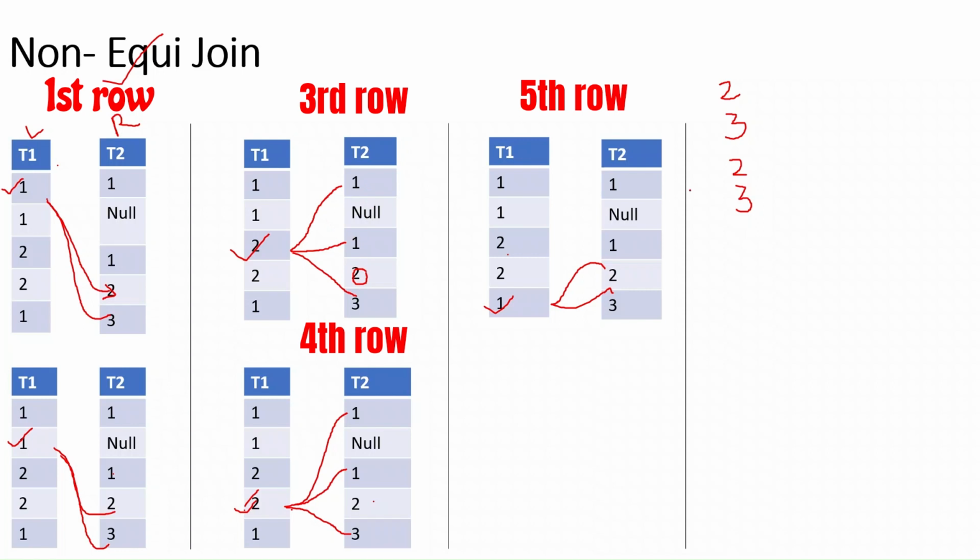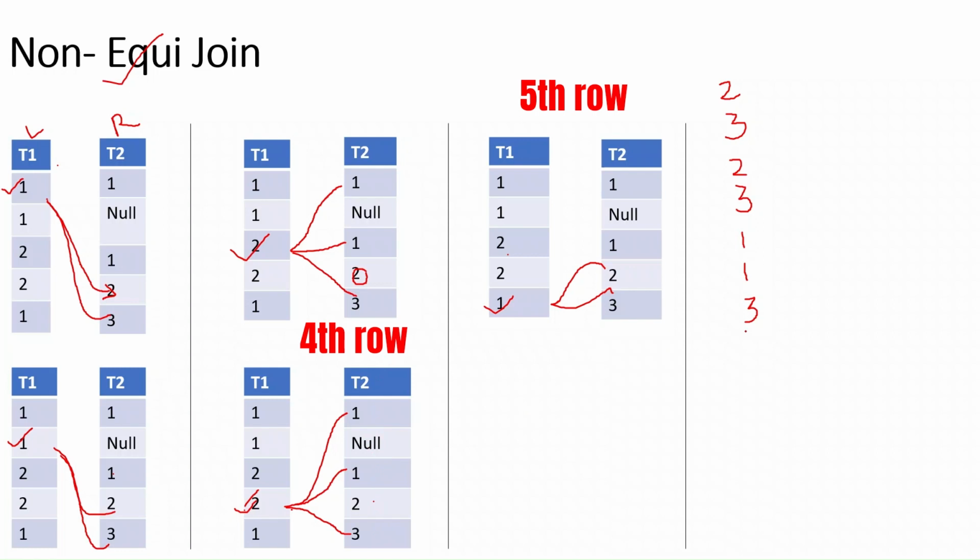Then the third row compared with the second table, unmatched, so we got the result 1, 1, 3. Write it here: 1, 1, 3. Now the fourth row of the first table is compared to the second table.